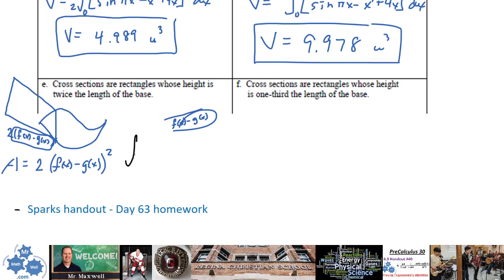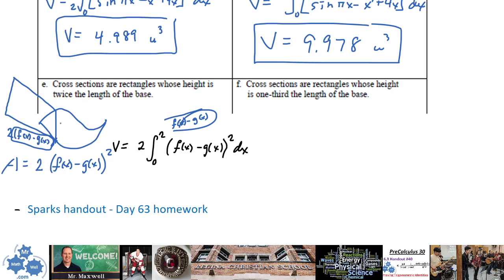The integral is going to look like, the volume is going to be, got a little ahead of myself there, leave myself some more room, but it's going to be 2 times the integral from 0 to 2 of, you guessed it, f of x minus g of x all squared, with a 2 in front there.